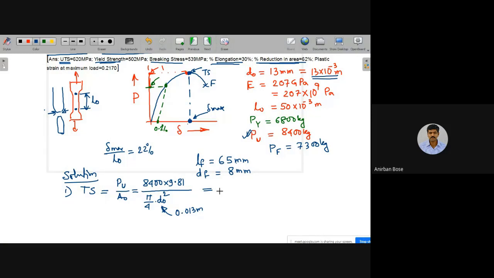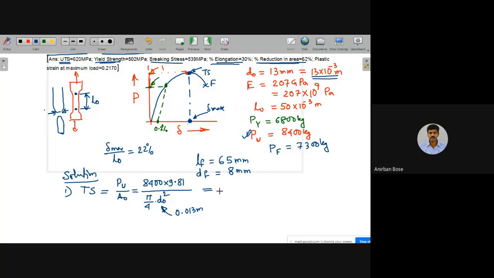So if you do that calculation, it is 8400 into 9.81 into 4 divided by pi divided by 0.013 squared.